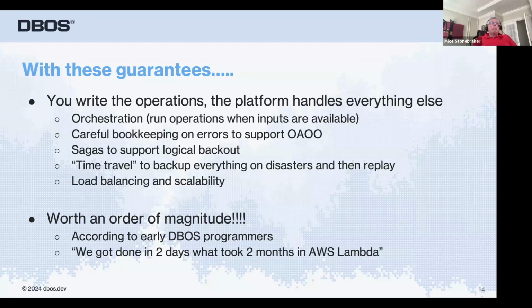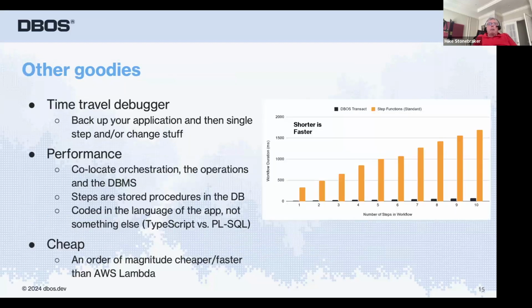Okay, next slide. Now there are some other goodies that I want to just mention. First of all, if you're writing your application, these workflow steps, well, the problem is any of you who have written software as a service applications know that it's pretty tricky to debug parallel execution, which may well happen.